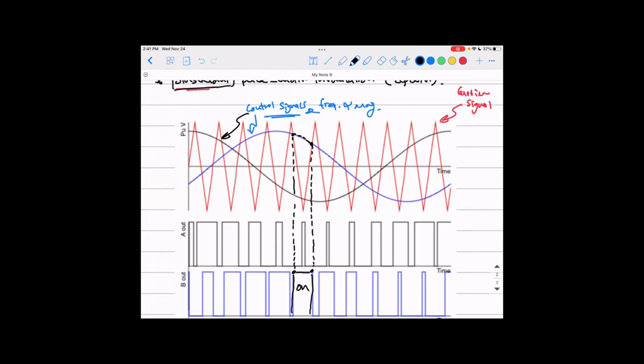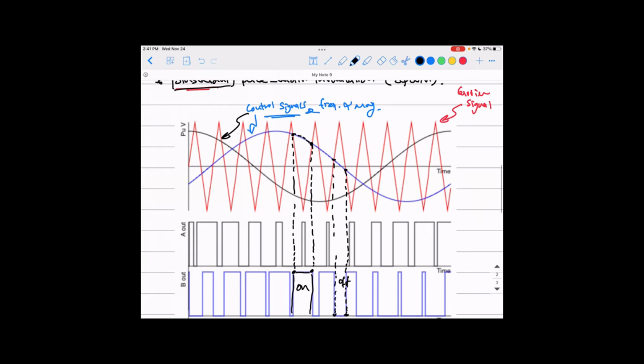On the other hand, look at this period: the control signal, the blue one, is less than the red one in magnitude. If you go down here, you'll see it's off. There is no pulse, the voltage output is off. That is the whole point: you compare the sinusoidal signal to the carrier signal, and this comparison gives you the pulses that go out.